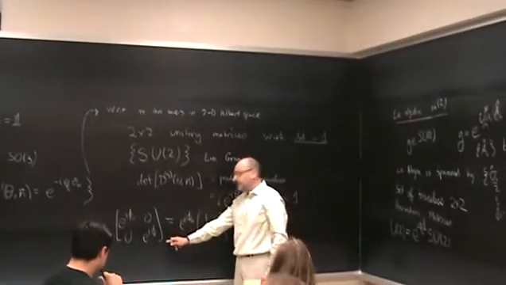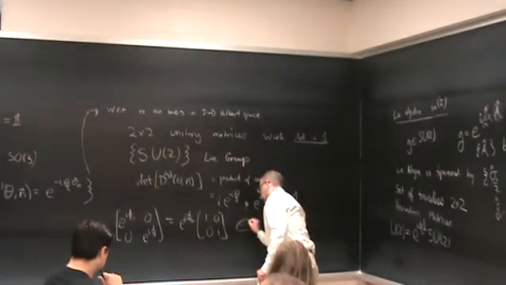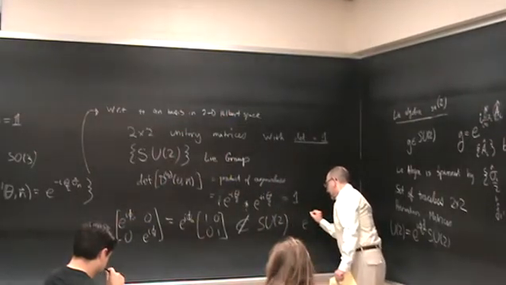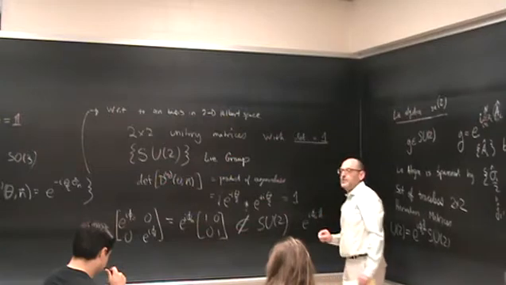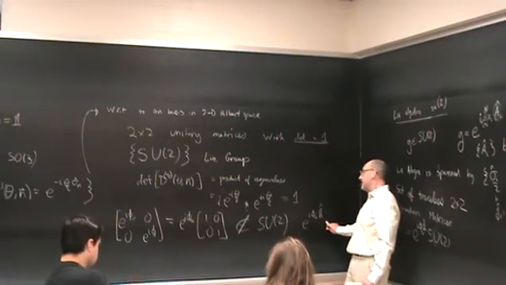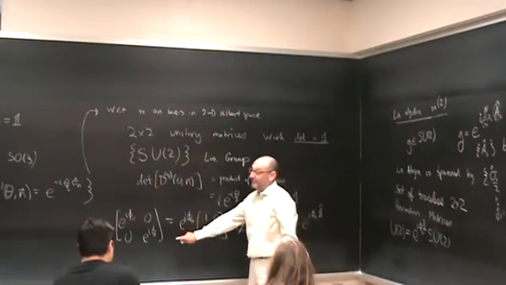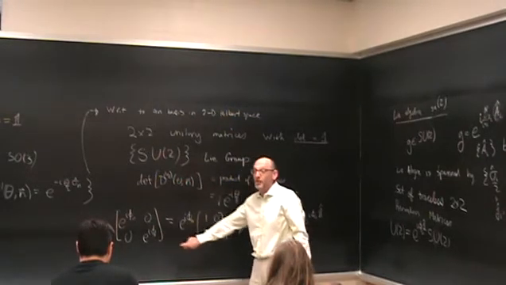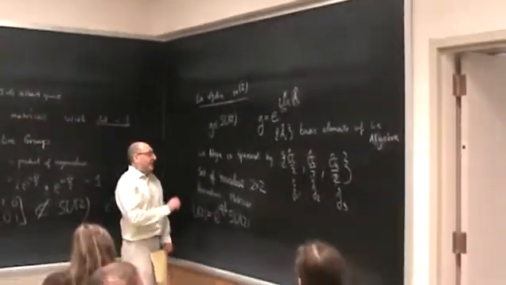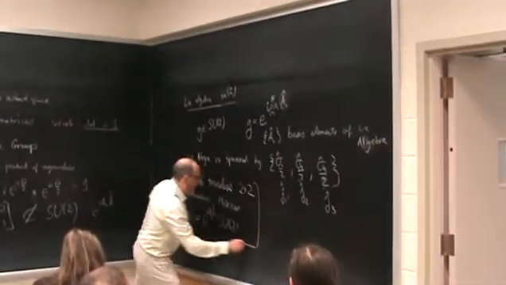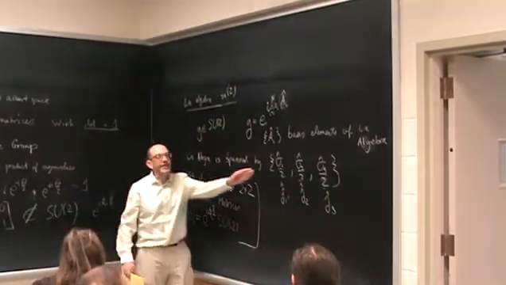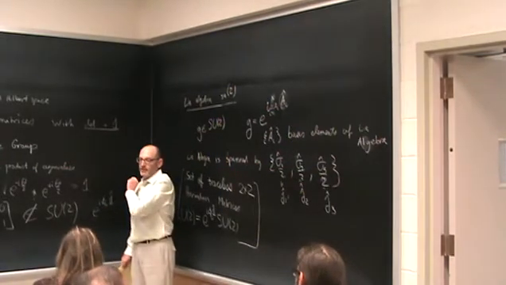This matrix is not in SU2. This matrix is e to the i times the identity, which means the identity is not in the algebra. Because if I exponentiated it, I would get this, and that ain't in SU2, because its determinant is not 1. Okay? So, the Lie algebra here is the set of traceless Hermitian matrices. Those are the ones which, when exponentiated, give us determinant 1 elements of the group.